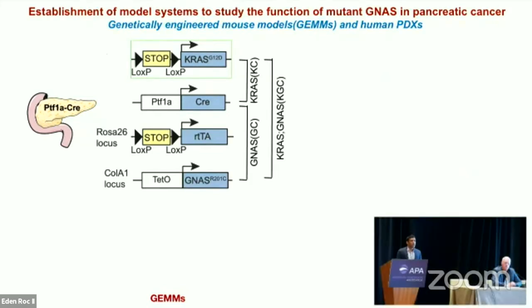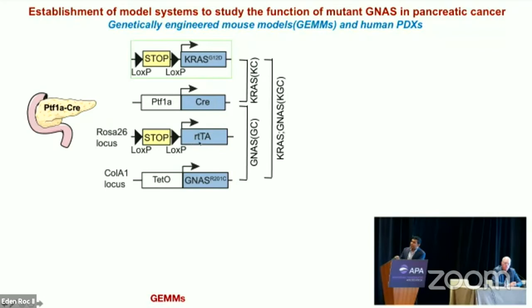So we invested a lot of time developing good animal models and human patient-derived systems to study the function of mutant GNAS in pancreatic cancer. What we did was first place mutant GNAS, the arginine 201C version, under the control of a tetracycline promoter, add the other components of the system, and target this mutation to the mouse pancreas by PTF1A.